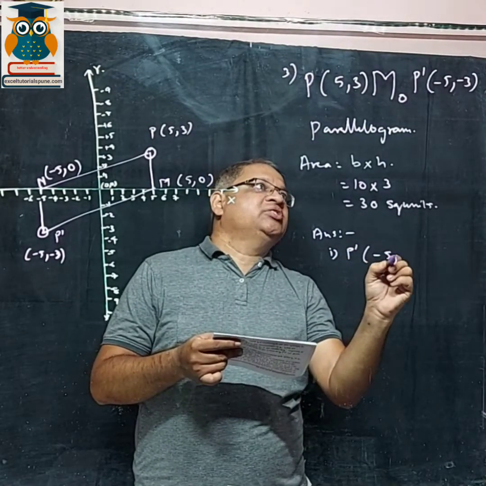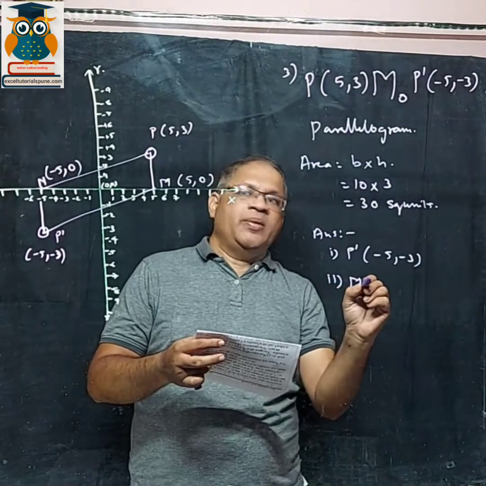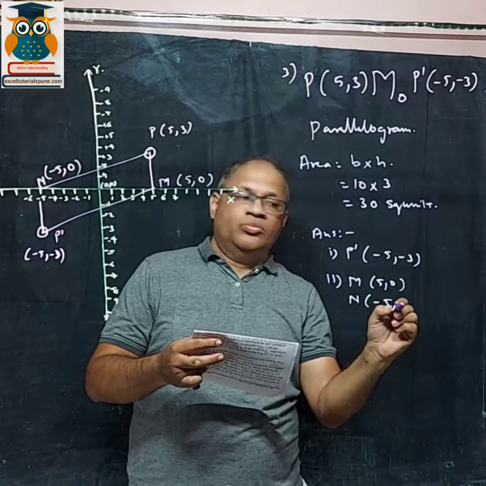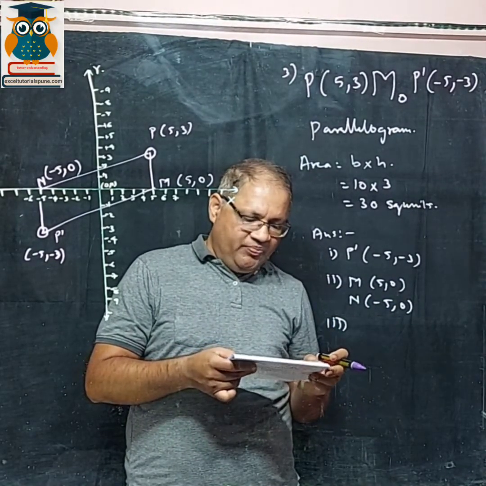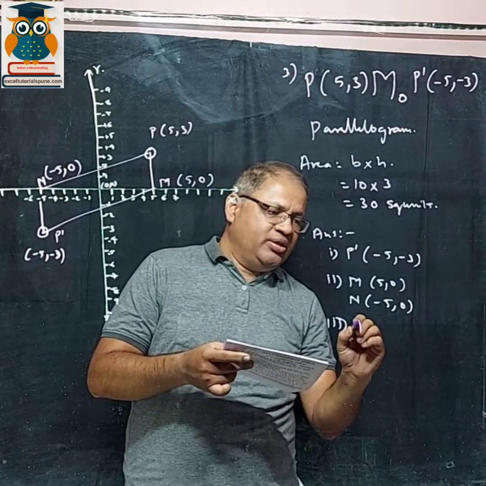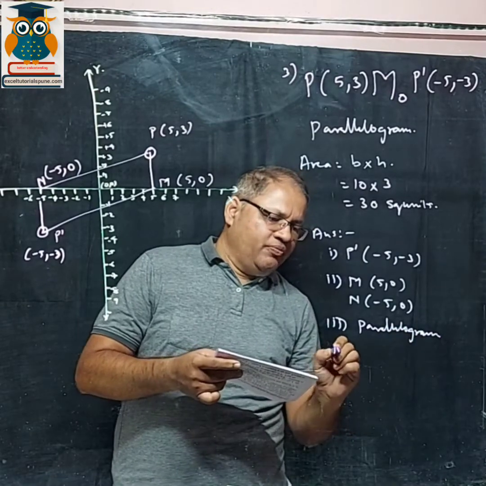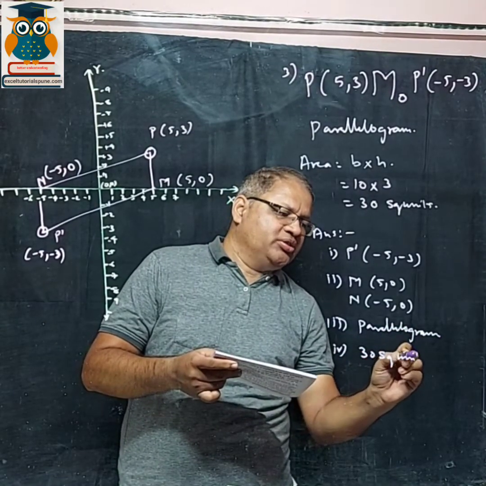P dash is minus 5 comma minus 3. Second is coordinates of M and N. Then third is they ask name the figure PM P dash N. That's parallelogram. And fourth, the area 30 square units.